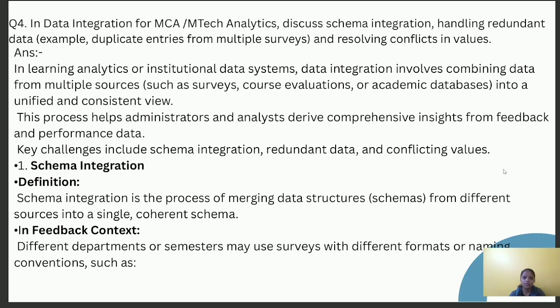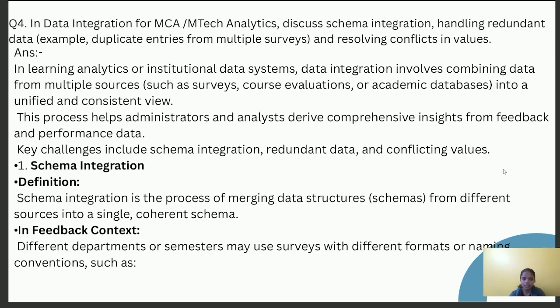The key challenges include schema integration, redundant data, and conflicting values. First, schema integration. The definition: schema integration is the process of merging the data structures, or schemas, from different sources into a single coherent schema.